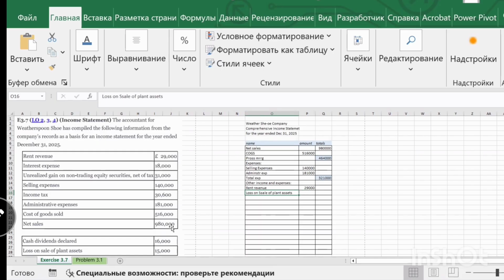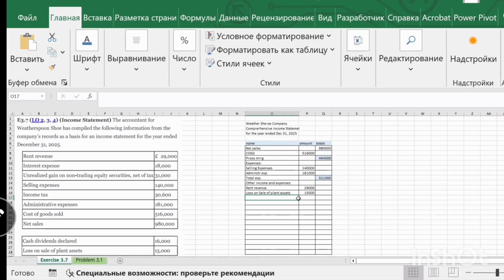Like we do not have such losses day by day. So we should show it a little bit below, making it more visible for the third party people who will look and read our comprehensive income statement. It is minus 15,000 because it's a loss.